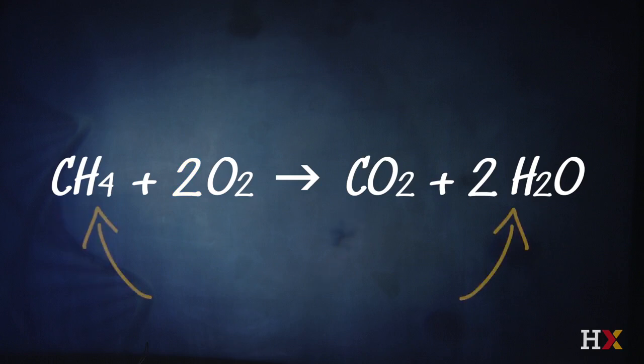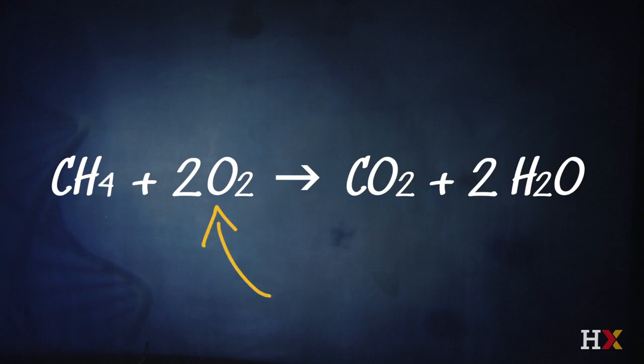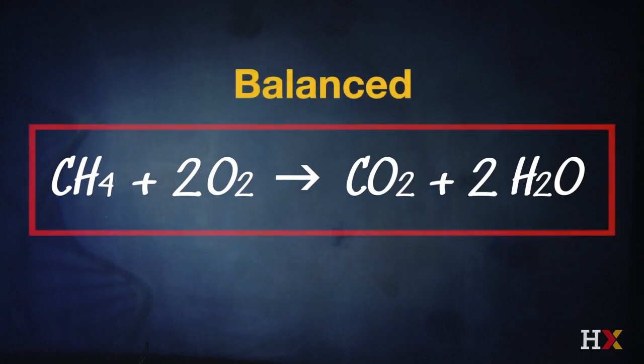We've got 4 hydrogens on each side. We have 4 oxygens on the left-hand side and 4 oxygens on the right-hand side. So we now have a balanced chemical equation. And we balance that chemical equation with the stoichiometric coefficient multiplying oxygen and the stoichiometric coefficient multiplying water, and that balances the chemical equation.